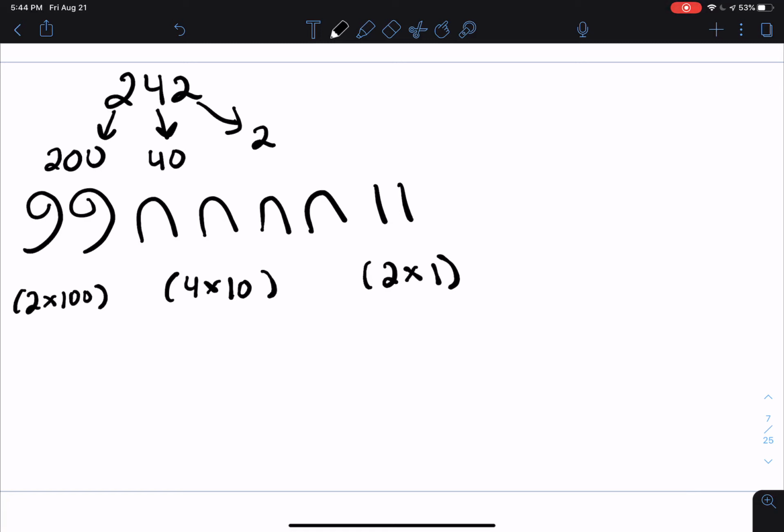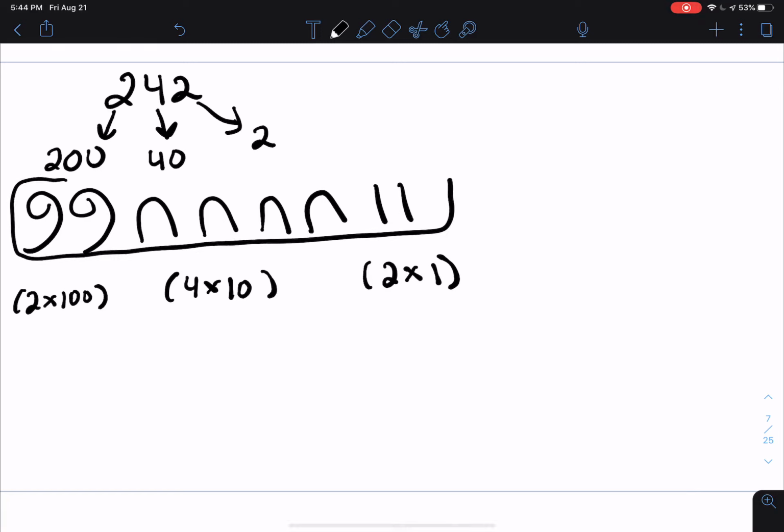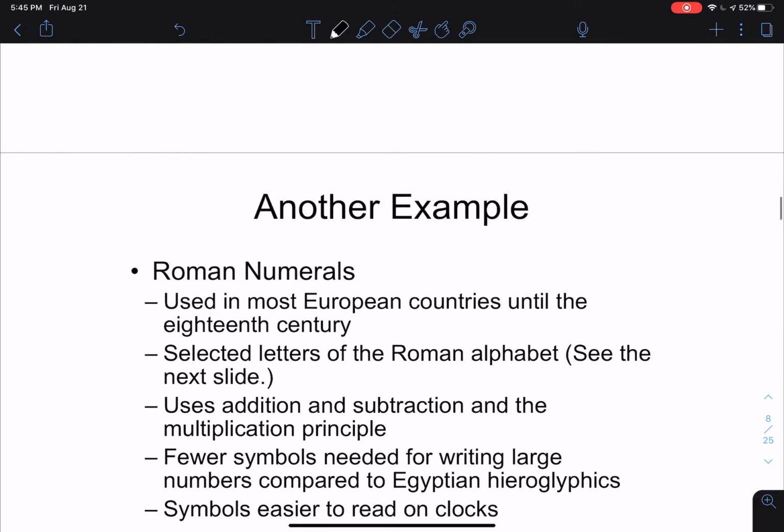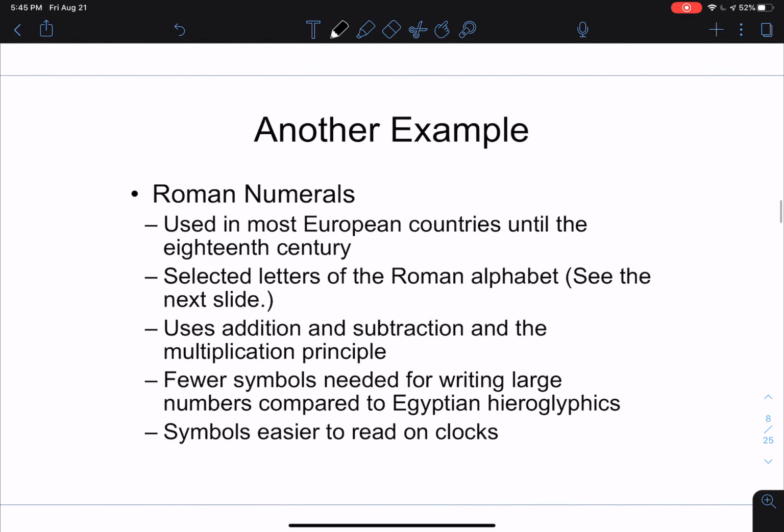And now I have it in Egyptian hieroglyphics. That's what the number looks like in Egyptian hieroglyphics. So 2 scrolls, 4 heel bones, and 2 staffs. These are fun. I have fun drawing them. Okay, that's another example of an additive system.